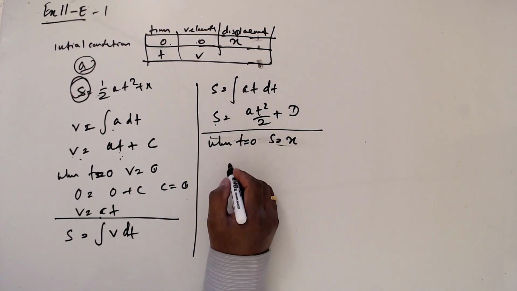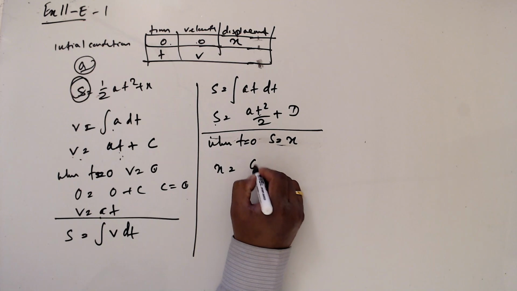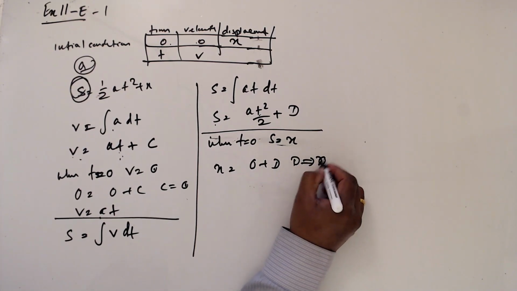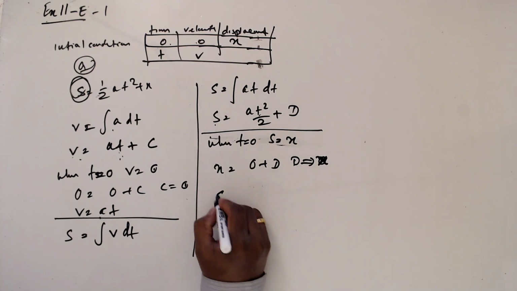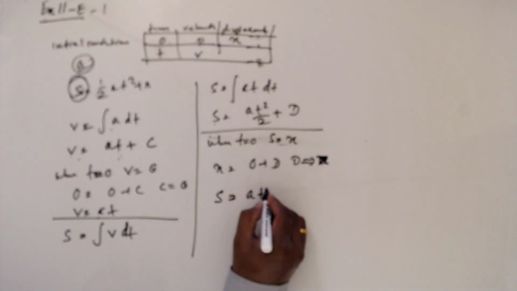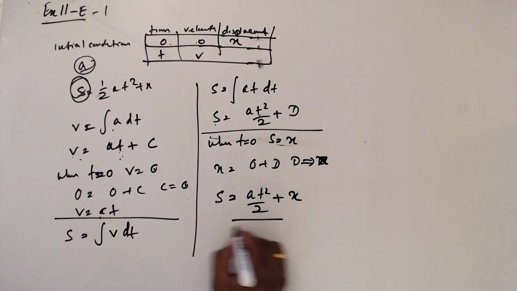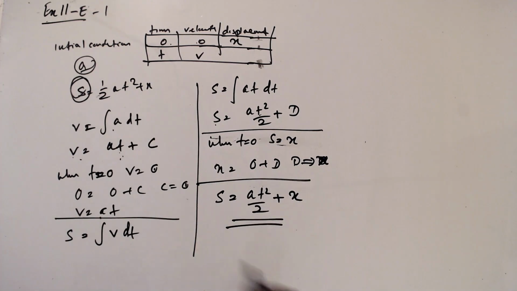So we'll apply this one. x equals 0 plus d. This will imply d equals x. So then s equals at square divided by 2 plus x. I think we proved this one.